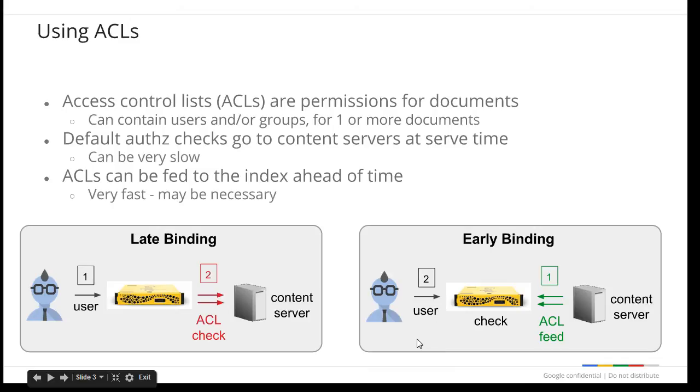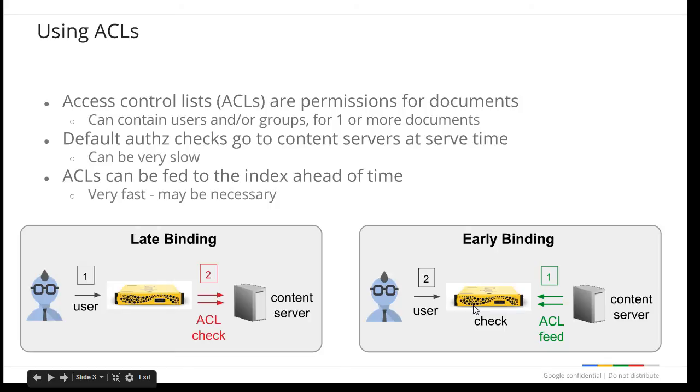With early binding, the user runs the search on the GSA. The GSA first authenticates them, just like with late binding, but it will also identify their group membership. There are a variety of ways that we can identify group membership. So far, we've seen one, which is LDAP. So the GSA will identify their group membership, and it will already have a list of permissions.